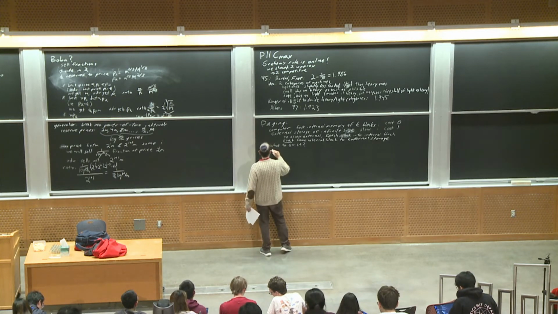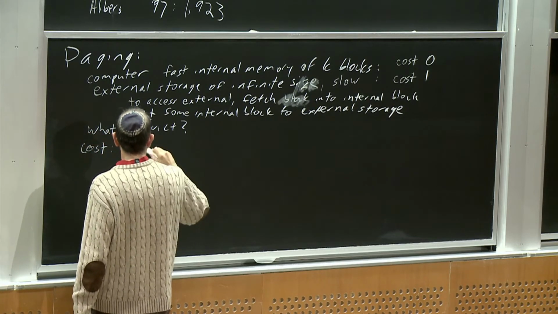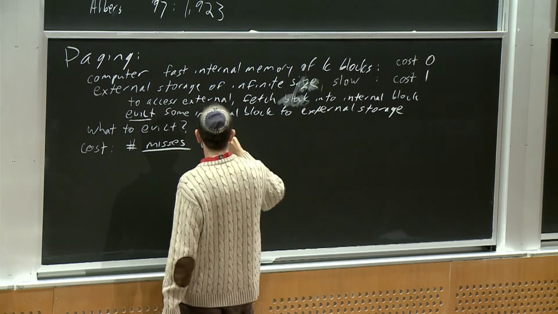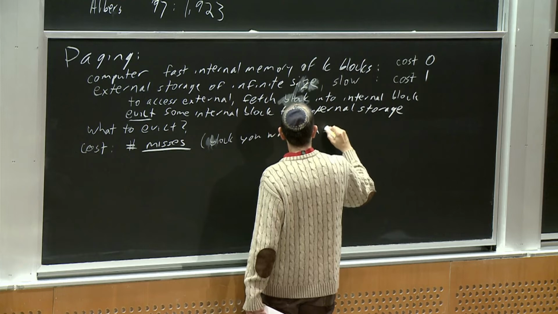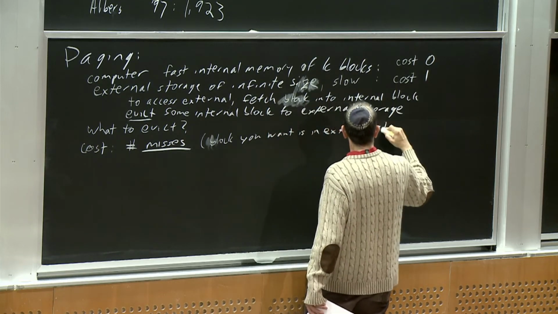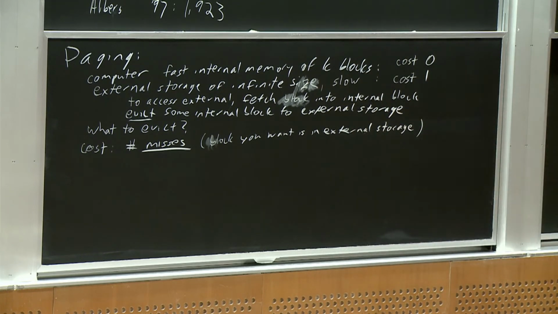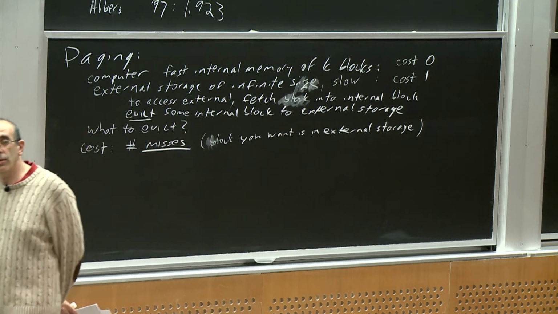The cost of our algorithm is the number of what are called misses, which is when the block that you want is in external storage and has to be brought in. Okay. So is the problem formulation clear? All right. So any thoughts on what might be a good strategy for deciding what to evict?